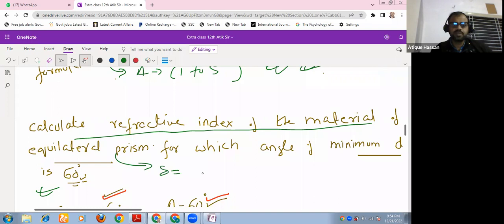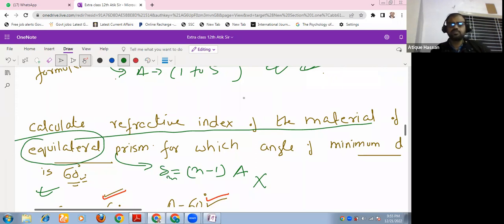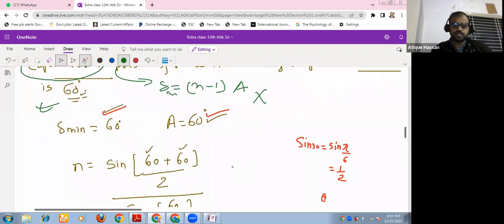Can we apply delta equal to (n minus 1) into A here? Here we cannot apply this formula, right? Because it is an equilateral prism. It means the angle of prism is 60 degree. So you have to apply the general formula, this formula, to find the refractive index. Understood?